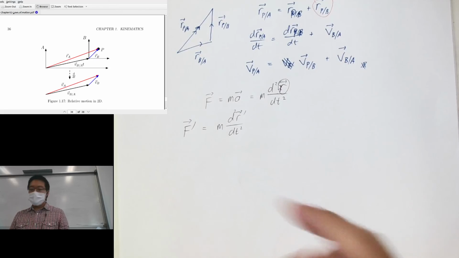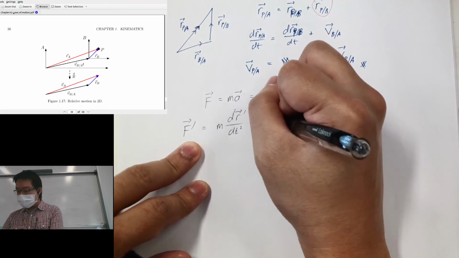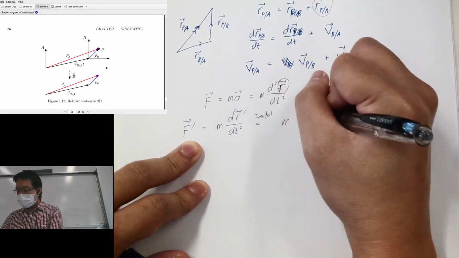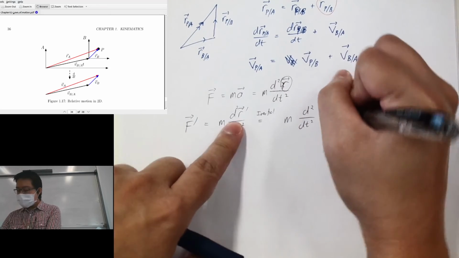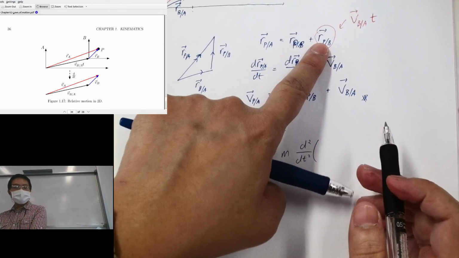If I'm talking about inertial frames, both coordinate systems are almost the same. So r prime is going to be something plus something.